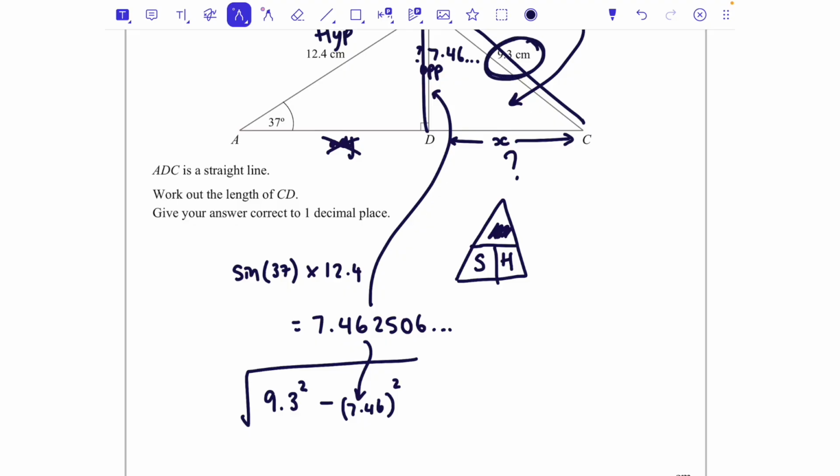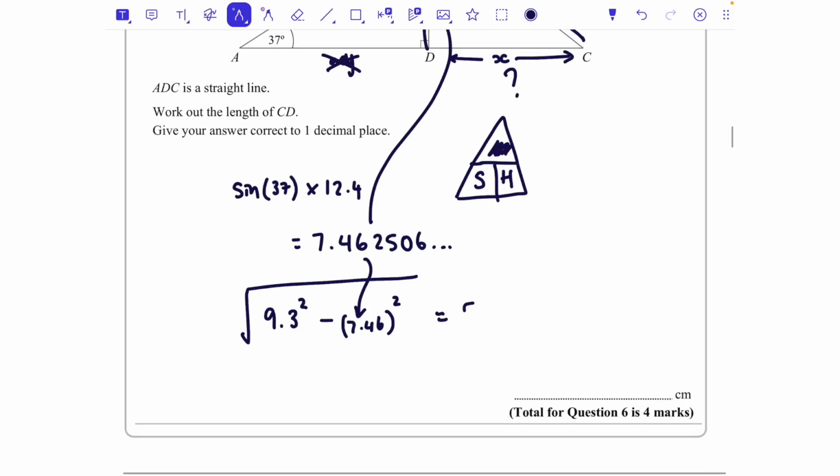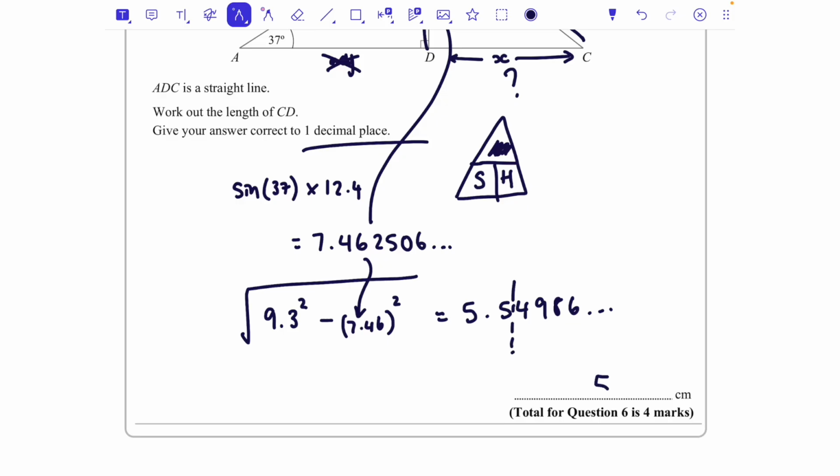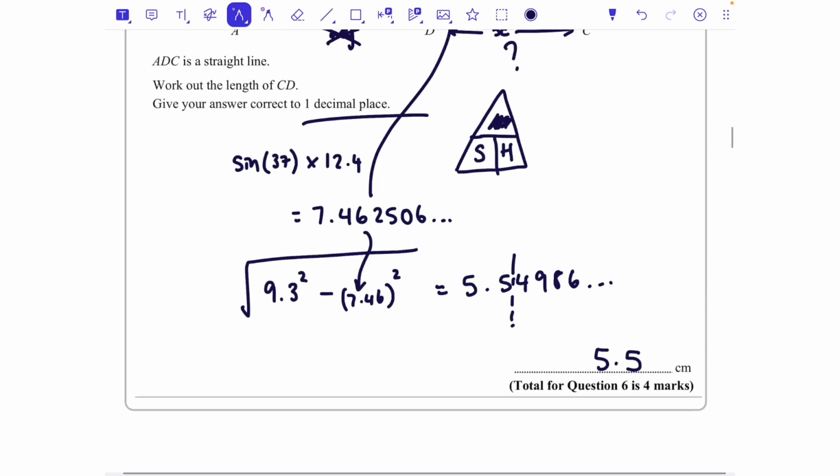So I'm going to do 9.3 squared. In my calculator, I'm actually typing minus that answer squared, and then I'm square rooting it, and that gives me an answer of 5.54986. We were told to round it to one decimal place, so 5.5 is going to be your final answer for the value of DC or CD.